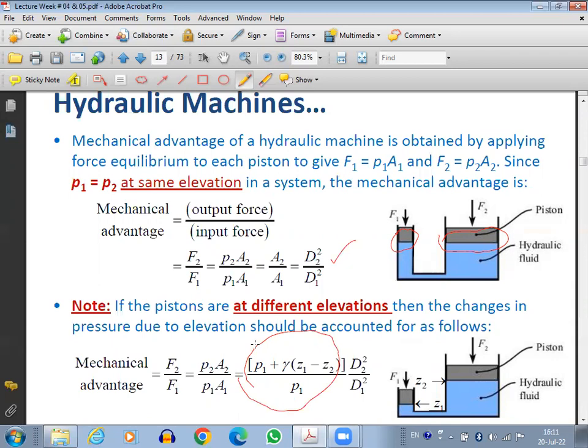If the elevations are different between the first piston and the second piston, the points of contact with the liquid, then the formula would be a little different. And the reason for that difference we are going to discuss later.